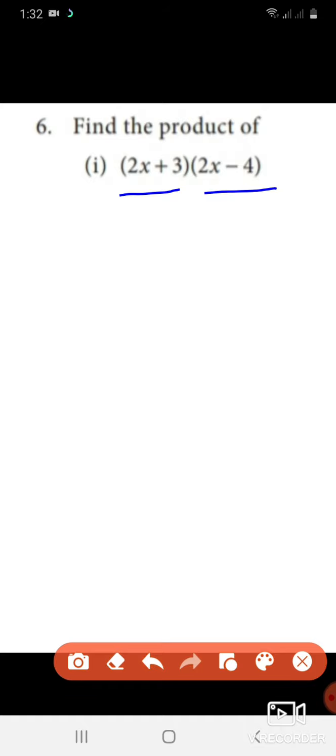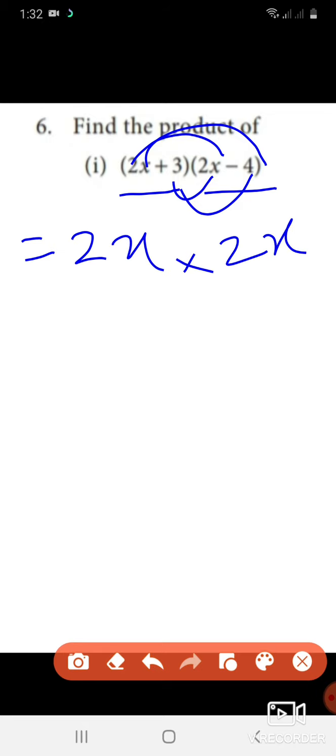Okay, here we have 2x plus 3, 2x minus 4. First you have to multiply this 2x with this 2x and minus 4. Next one by this 3. Okay, so totally how many terms you will get? 4 terms.